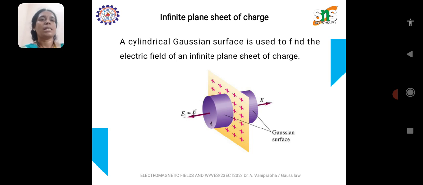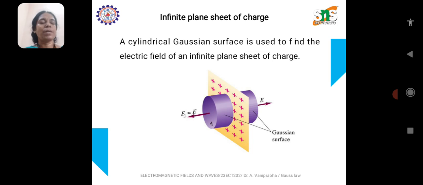The next topic is the infinite plane sheet of charge. So this is also a conducting surface which is rectangular in nature. So as to determine the electric field intensity over this infinite plane sheet of charge, we have to identify a cylindrical Gaussian surface, which is used to find the electric field of an infinite plane sheet of charge.